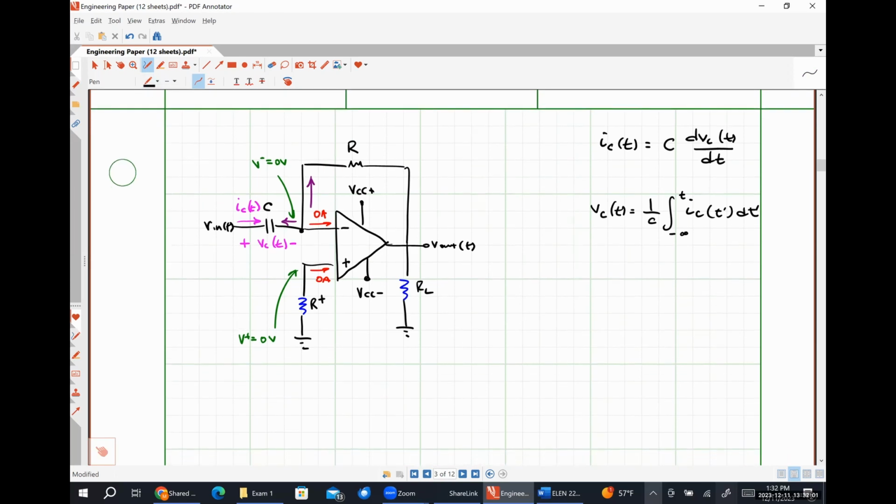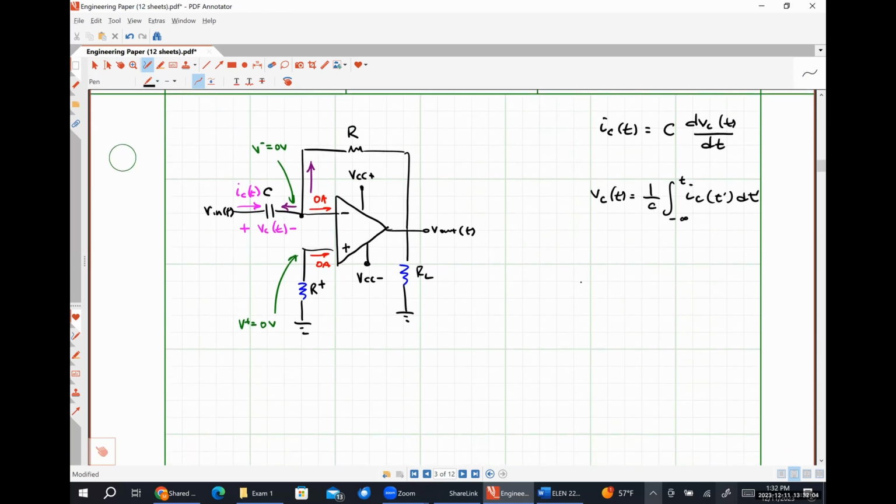And so what I wind up getting is negative IC minus V out over R is equal to 0. And I can rearrange this slightly to find that positive IC is equal to negative V out over R. We'll play around with that more in a minute.